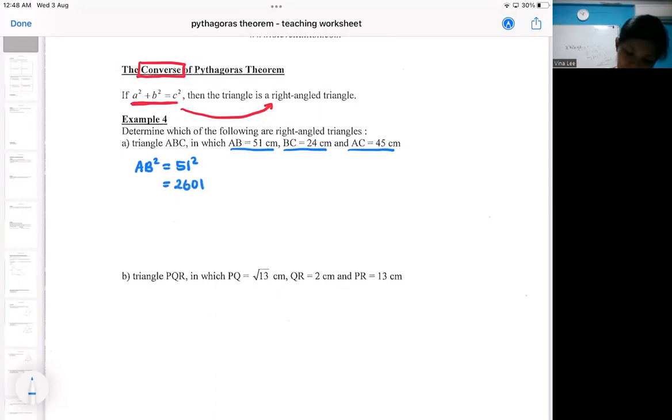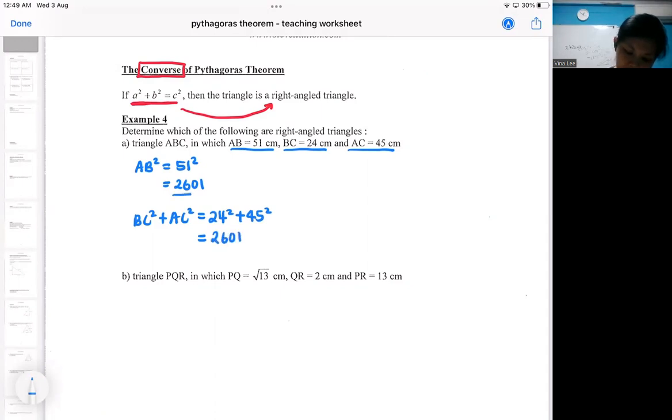Then for the other 2 lengths, you also punch the calculator.